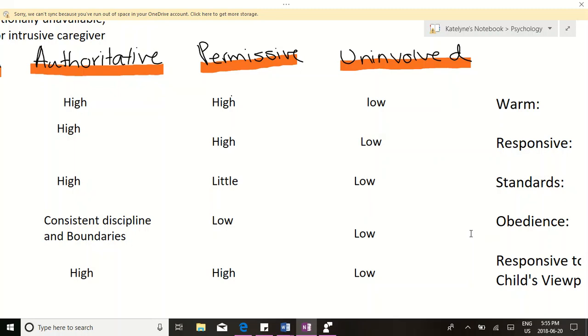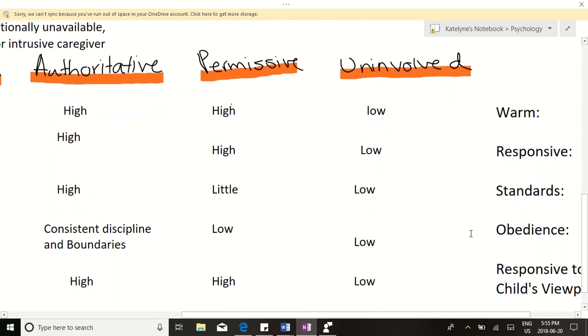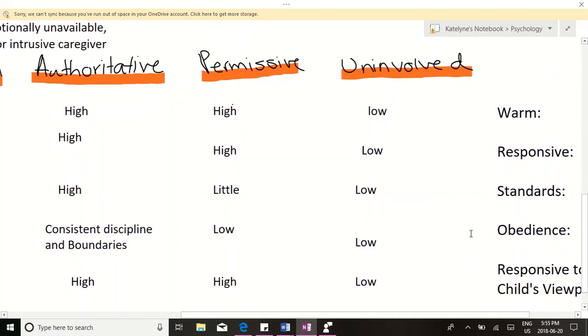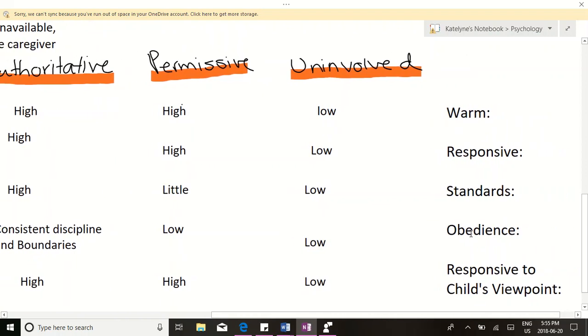So when it comes to obedience, permissive parents have low obedience. They are kind of the cool mom or cool dad, as they do not have very many rules, and they would rather have the child be more independent. And lastly, yes, they are responsive to the child's viewpoint.